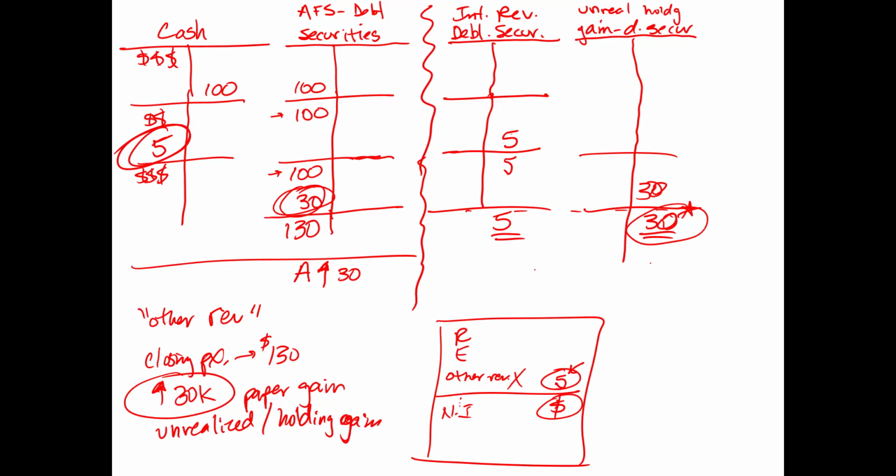And that's what the FASB said. They said, look, if you've got this unrealized holding gain on debt securities, AFS debt securities, call that other comprehensive income, put that down here, and call that part of overall comprehensive income. Do not show it with net income, because this net income is what we use to calculate earnings per share.